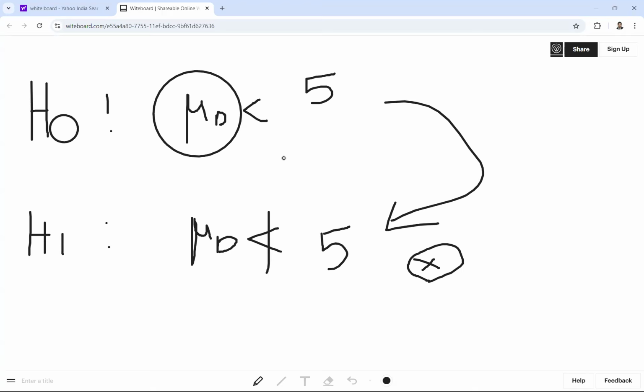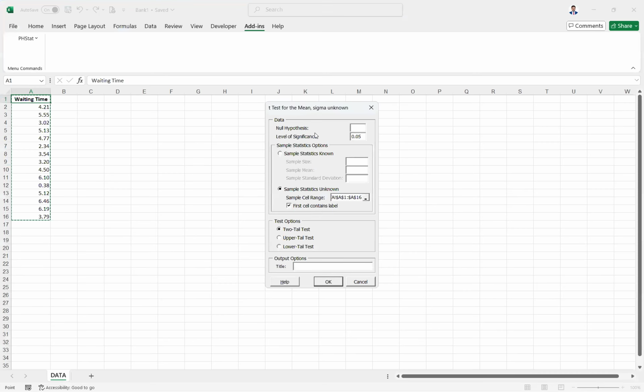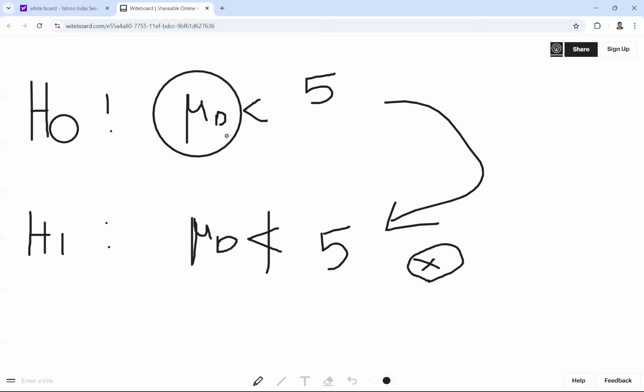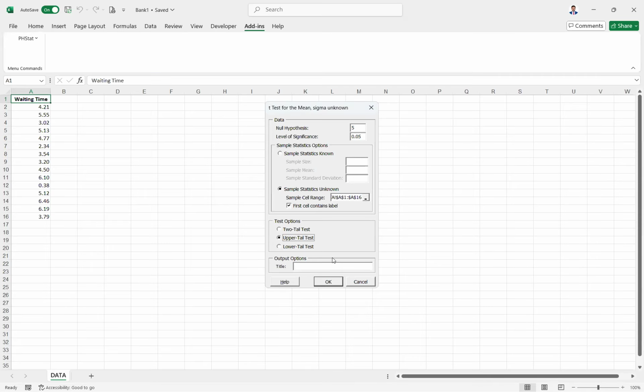Specifically, if a question says less than 5 minutes, it will be the null hypothesis. Suppose you are putting that here: I am putting the null hypothesis value as 5 and I am putting it only as upper tail. Sometimes you have to test the reverse alternate also, but we don't complicate it that much. For now let it just be like this. We are testing the null hypothesis, so we are entering the null hypothesis value here.